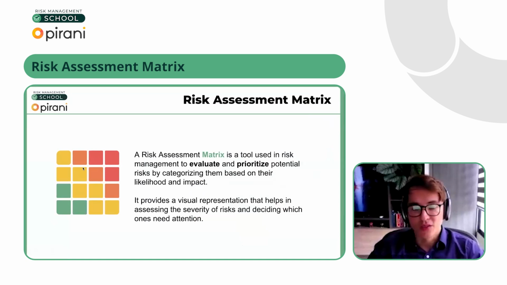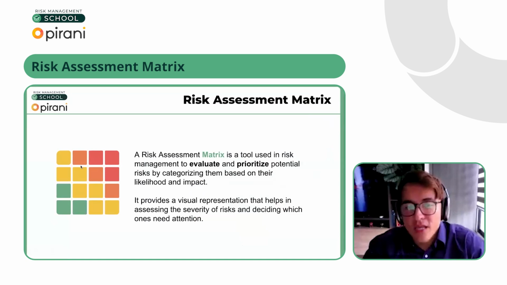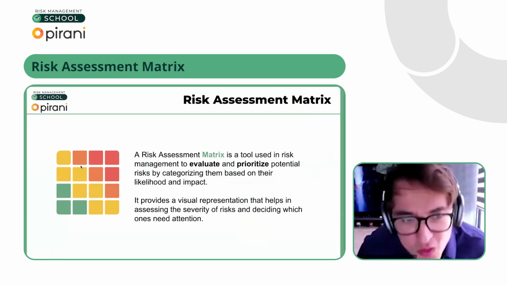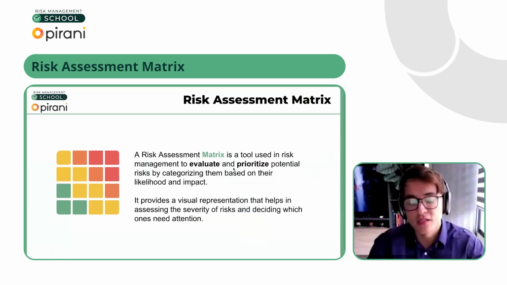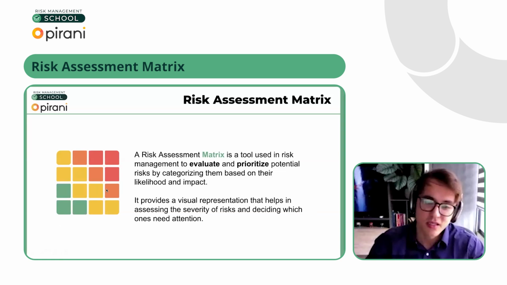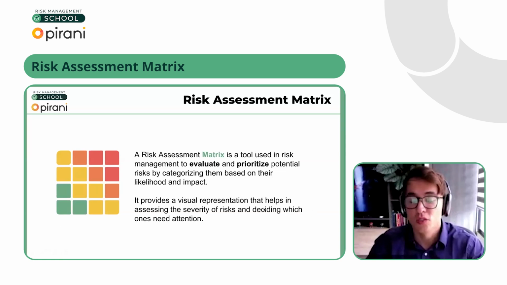We're going to go deep into it in a little bit. But a risk assessment matrix is a tool used in risk management to evaluate and prioritize potential risks by categorizing them based on their likelihood and impact. It provides a visual representation that helps in assessing the severity of risks and deciding which ones need attention.